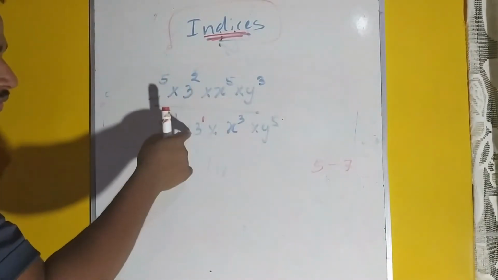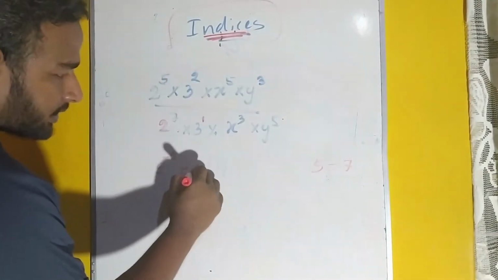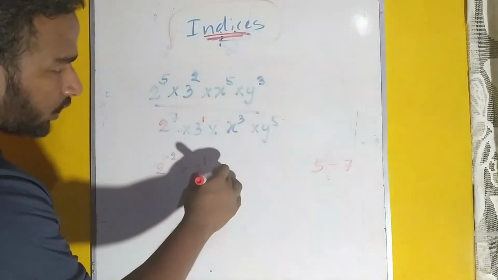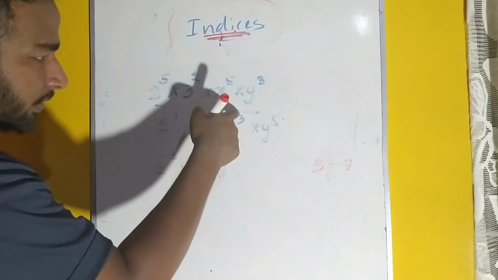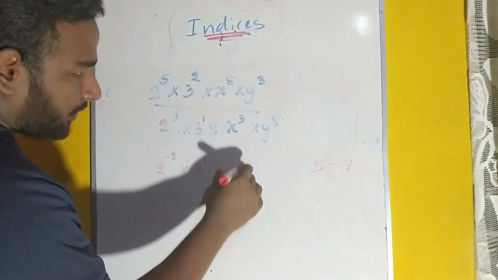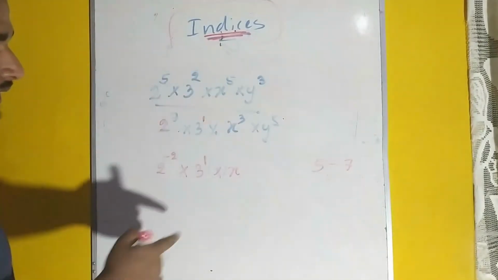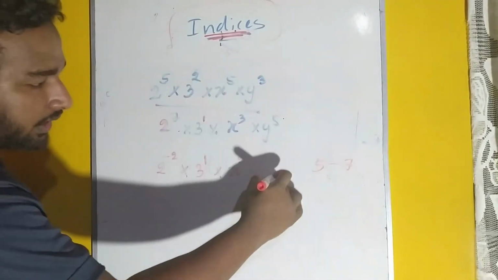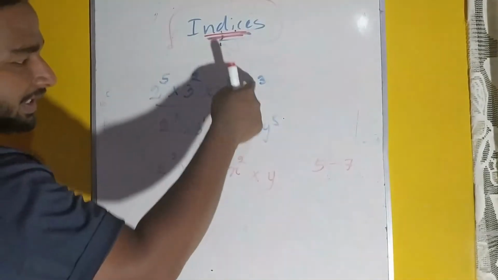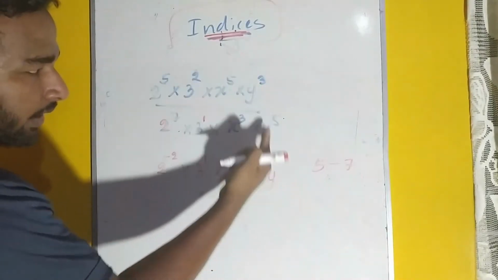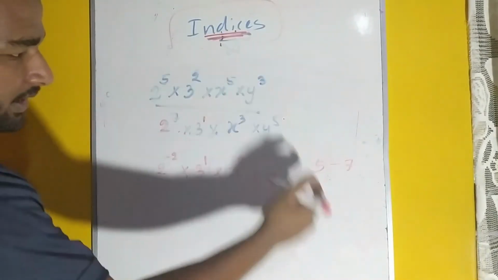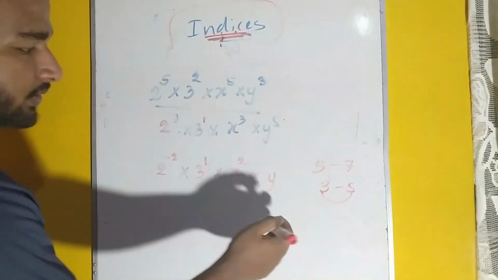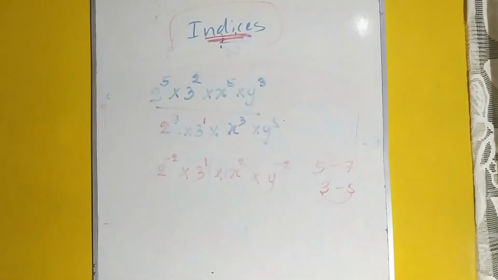So, 3 to the power 2 divided by 3 to the power 1, that means 3 to the power 2 minus 1, 2 minus 1 is what? 1, into, here, x to the power 5 divided by x to the power 3, that means 5 minus 3 is 2, into, here the base is y to the power 3 divided by y to the power 5, that means 3 minus 5, 5 minus 3 is 2, then 3 minus 5 is what? Minus 2. So we came to this step.